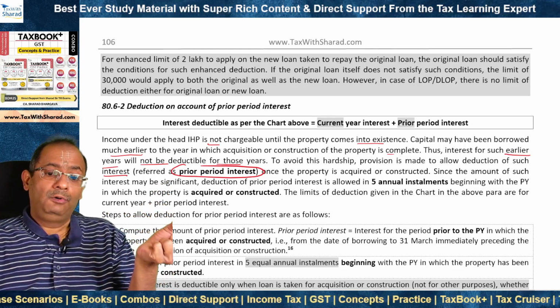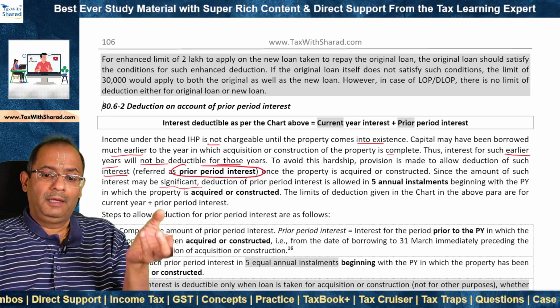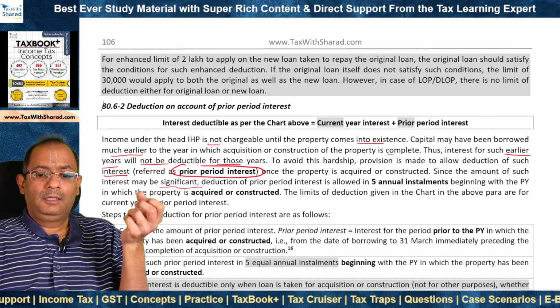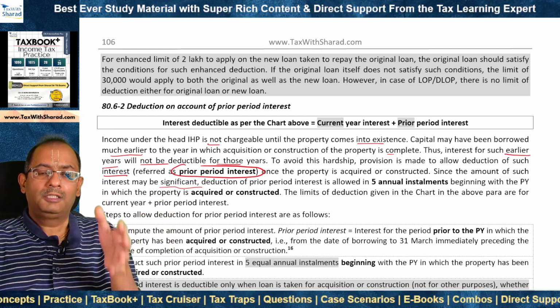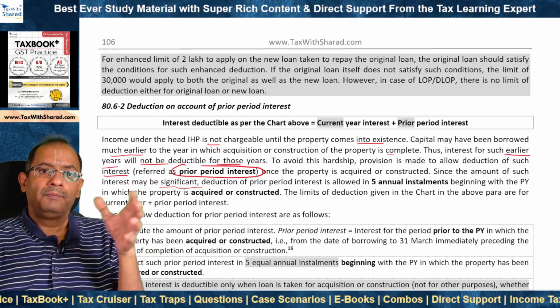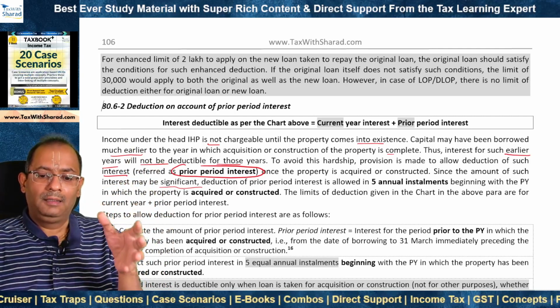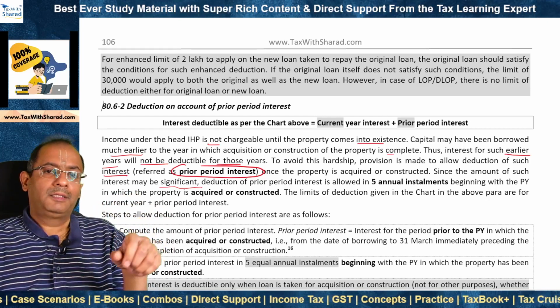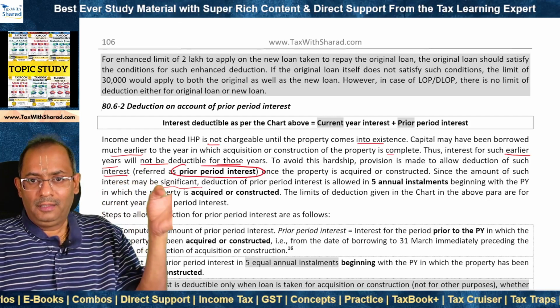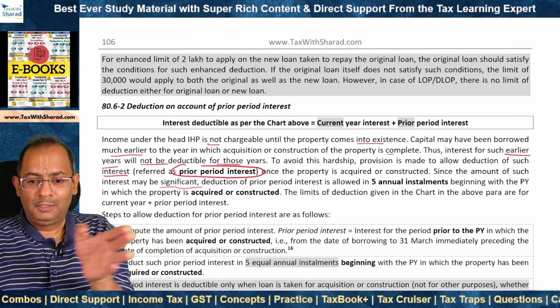And since the amount of such interest may be big, therefore it is not considered prudent to allow the entire deduction of such interest in the first previous year in which income starts to get taxed under the head IHP. And therefore, deduction of such prior period interest is allowed in installments. So the deduction is basically spread out.